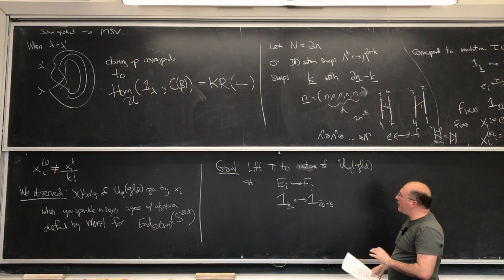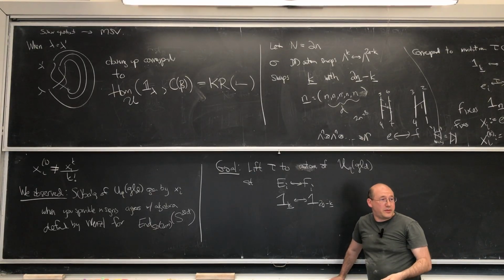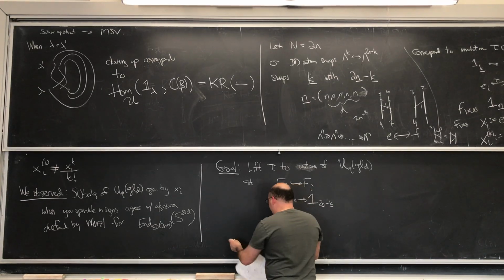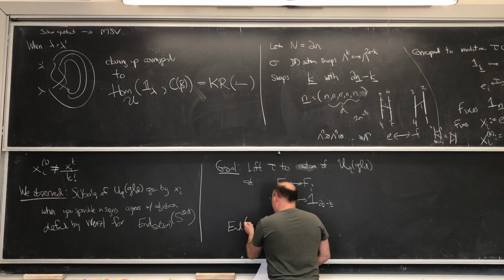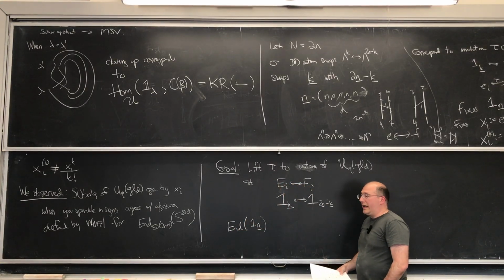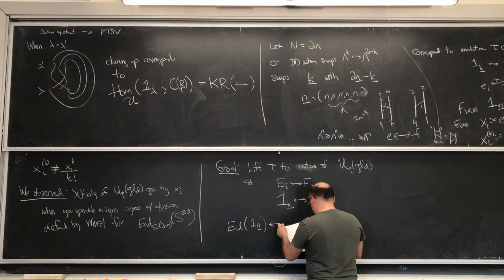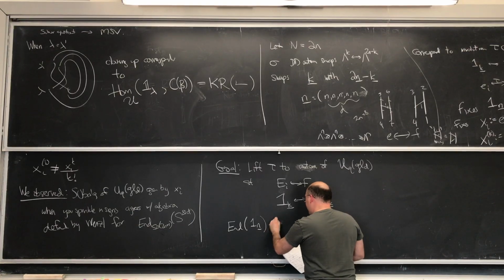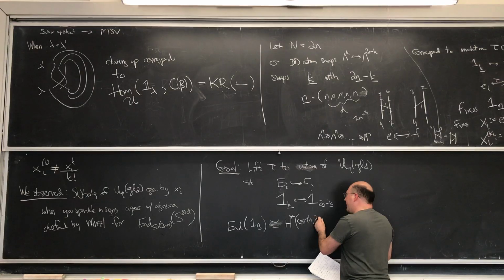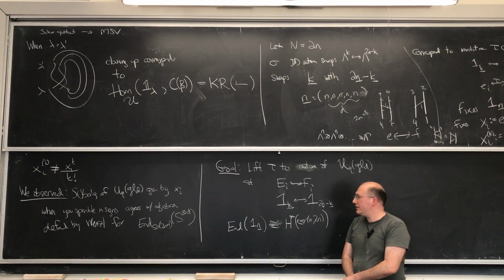But there's more here, because this is how it acts on objects, and this is how it acts on one morphisms. We need to see how it acts on two morphisms. And a crucial fact is that the endomorphisms of 1n in the Schur quotient are isomorphic to the homology of the Grassmannian in the Schur quotient.